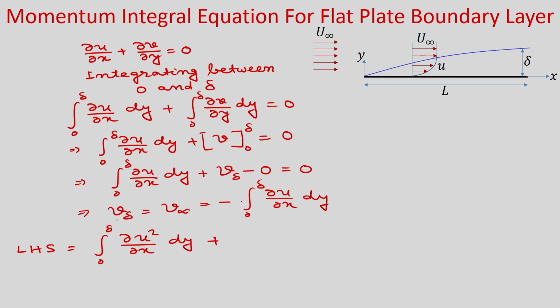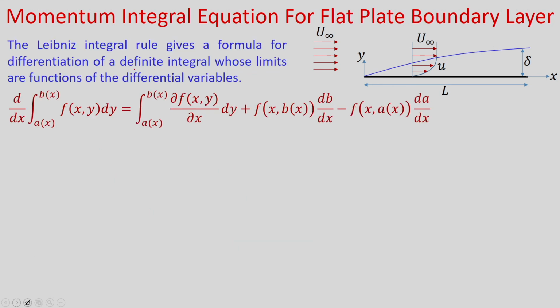So, v delta is having minus. So, we will write minus integral 0 to delta ∂u/∂x dy. So, now you can see that we have this derivative inside the integral. So, to evaluate this integral we will use Leibniz rule of integration. So, you can see the Leibniz integral rules.